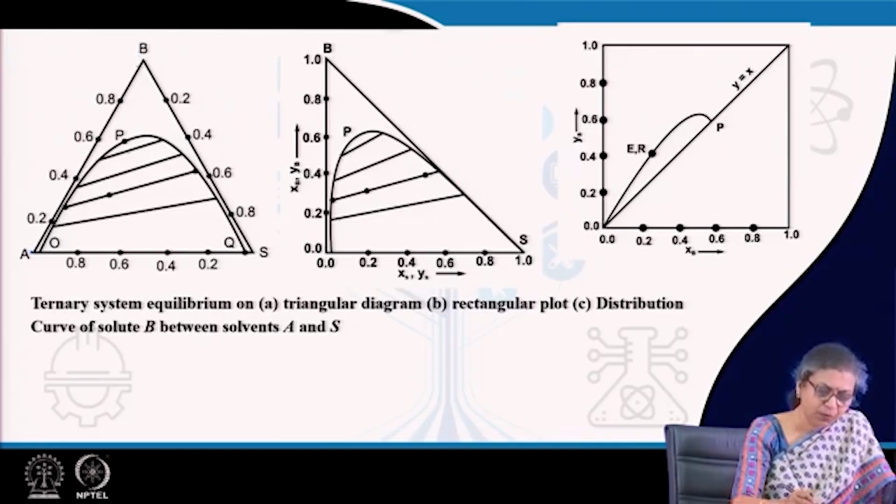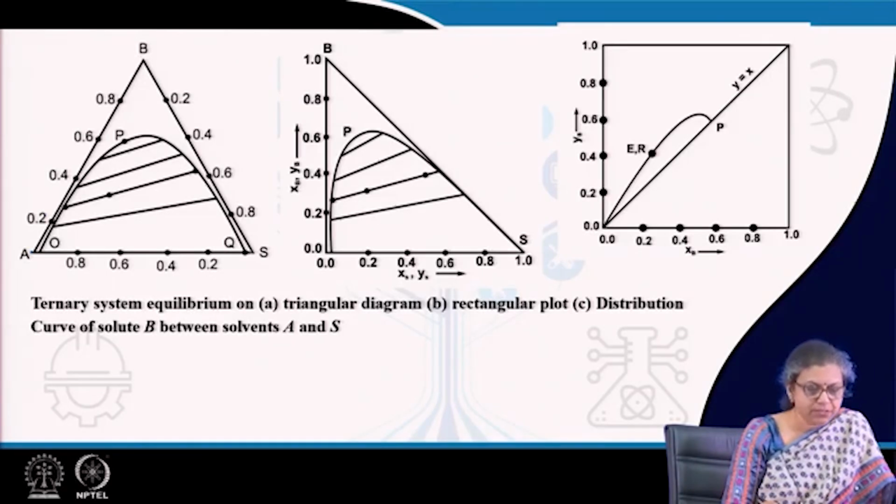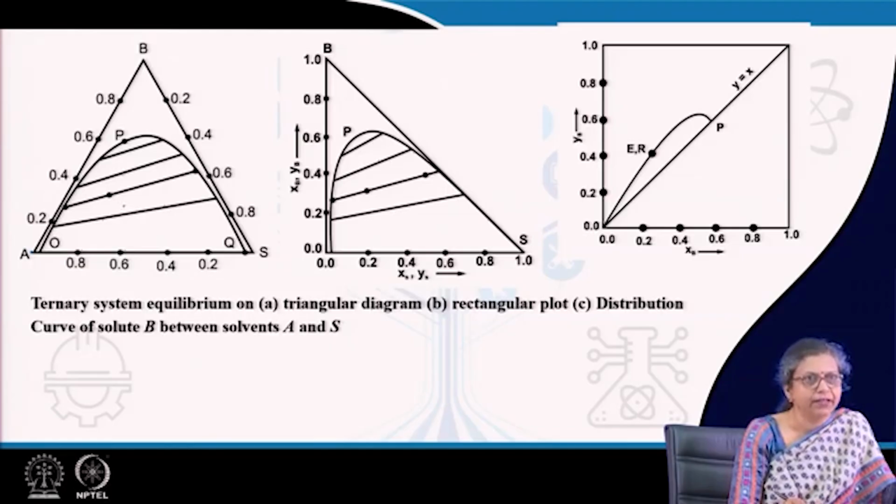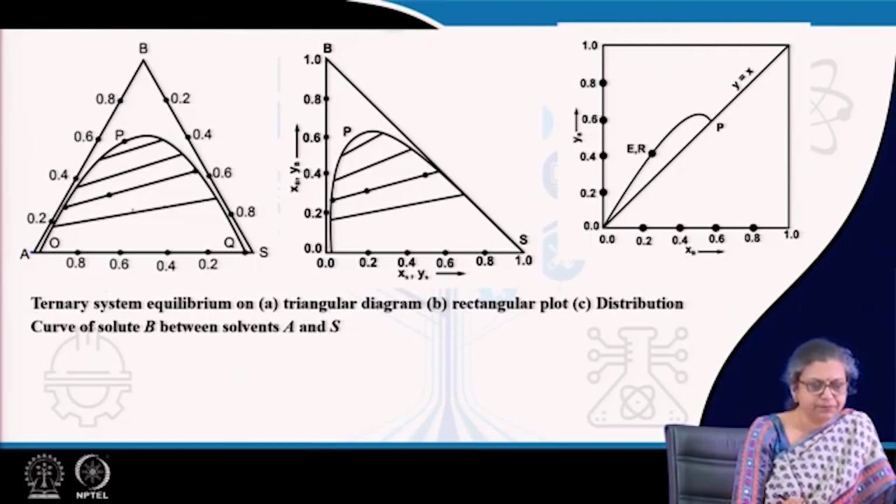As we move from A to B, the proportion of B increases and the proportion of A decreases. When we add S, what happens? From this straight line joining A and B, we enter inside the triangle, into the portion which is the three component system.